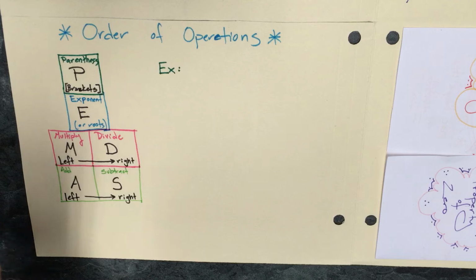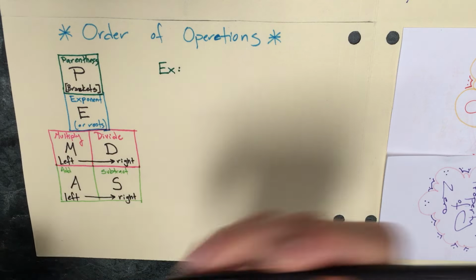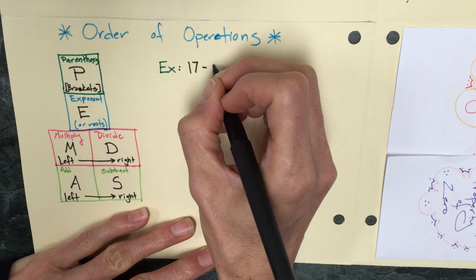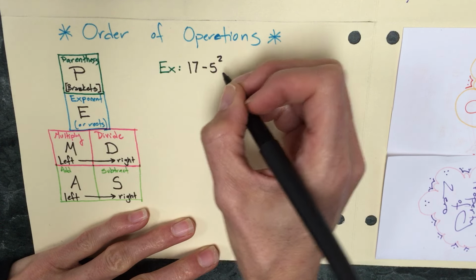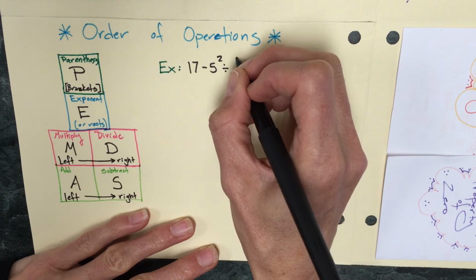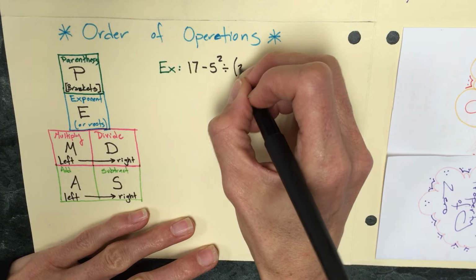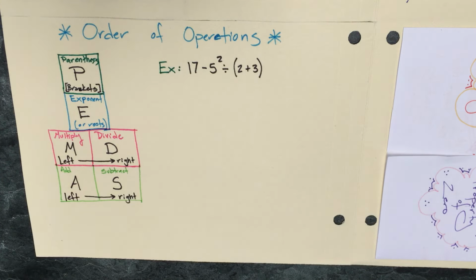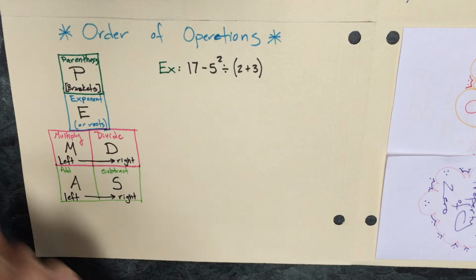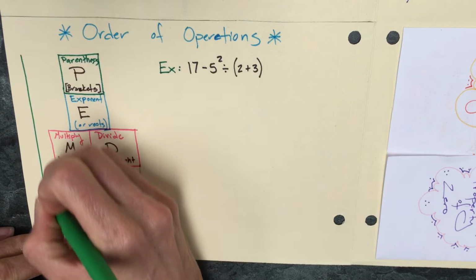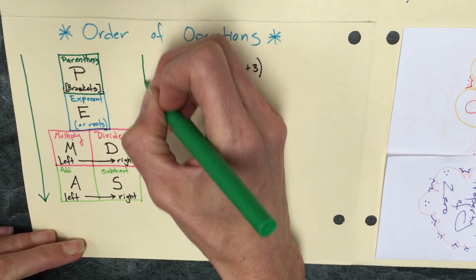Okay, so let's show you. Please write down 17 minus 5 squared divided by, in parentheses, 2 plus 3. So I'm going to follow my PEMDAS from the top down.